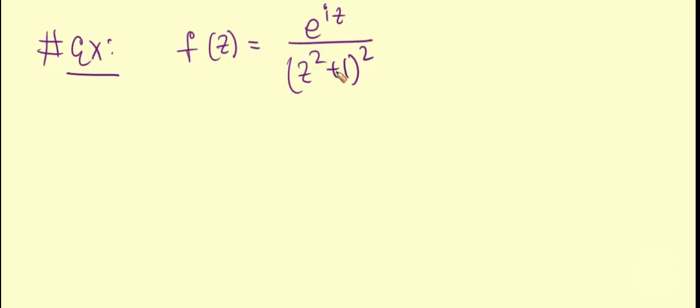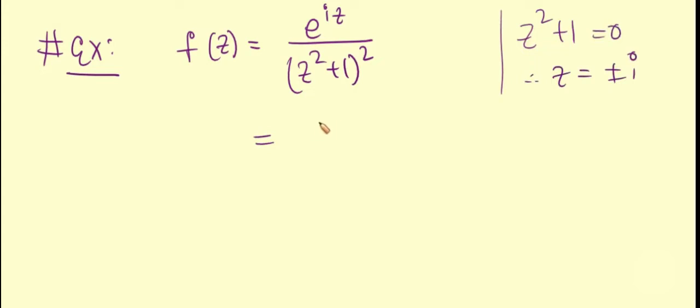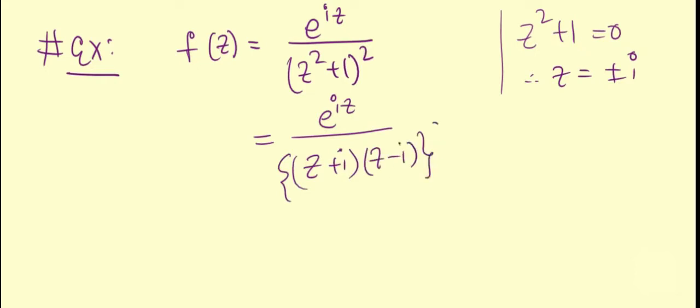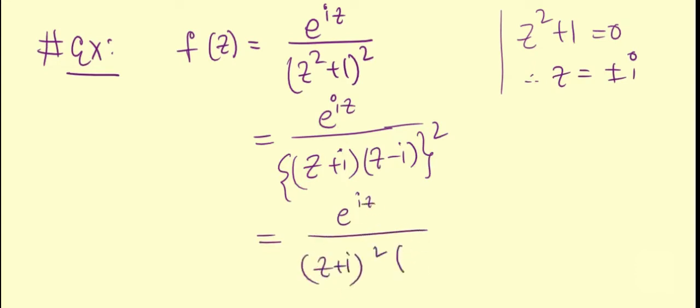If that's the case, we can easily see that this z square plus 1 should be equal to 0, and that gives us z equals plus minus i, right? So let's write that down first. If you put z plus i, one of the roots, and obviously you use this square as well, and one of them is z minus i, you can write it like this. And finally you can write it as z plus i squared, z minus i squared, right?